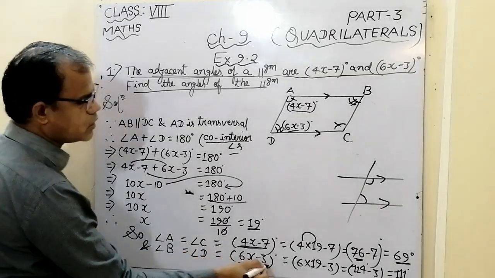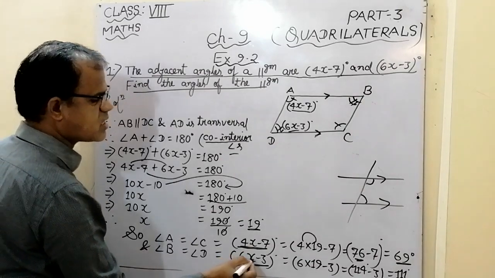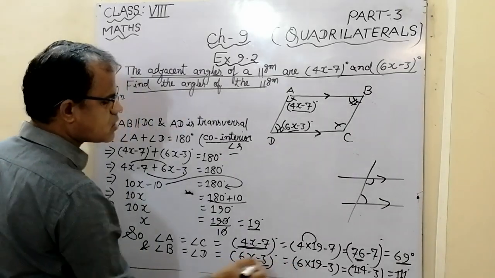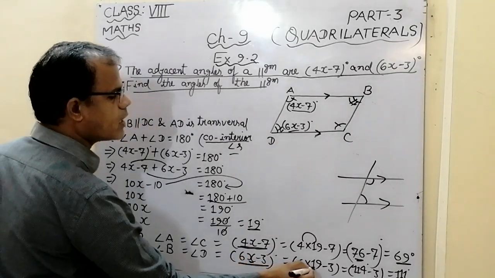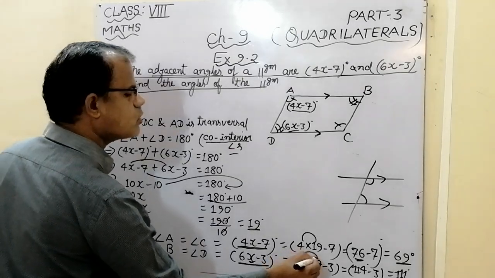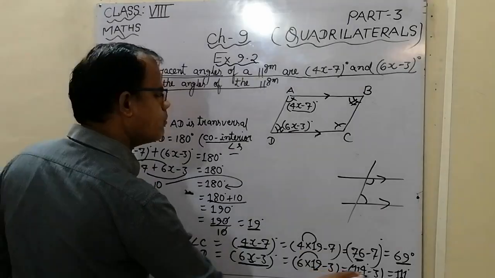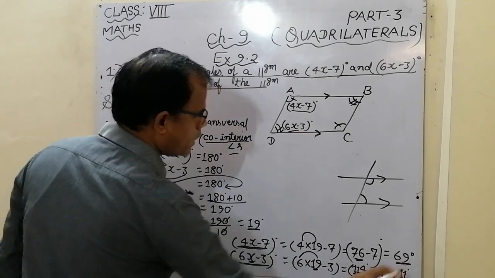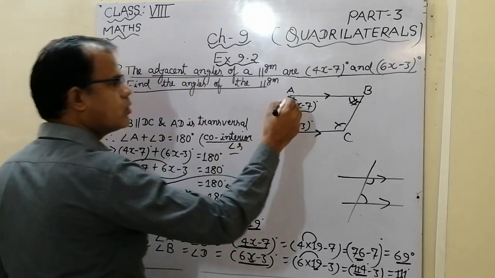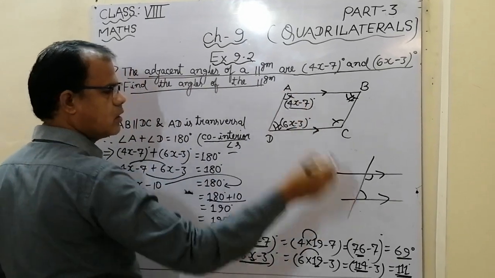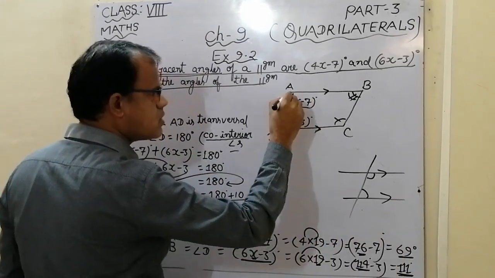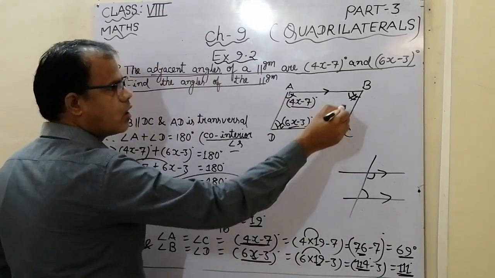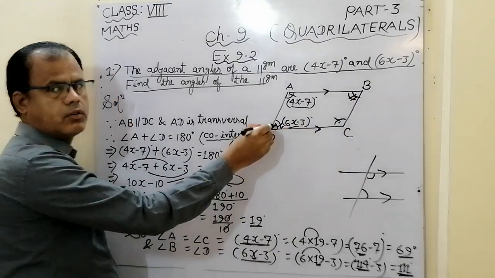So we put the value of x: 6x minus 3 equals 6 into 19, which is 114, minus 3 is 111 degrees. So the opposite angles are 69, 69, 111, 111.